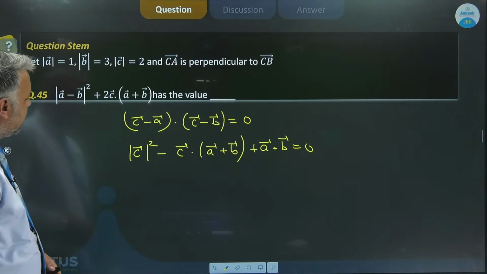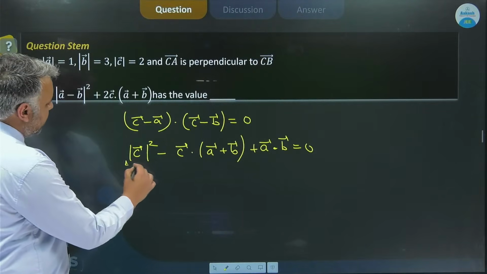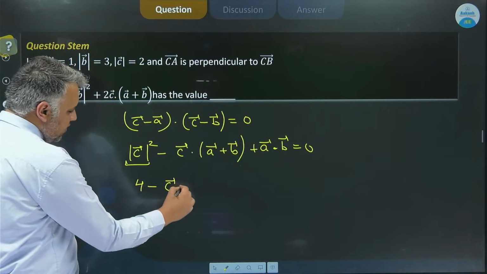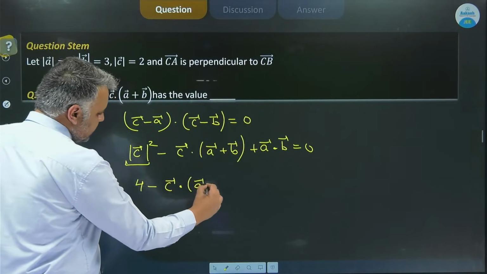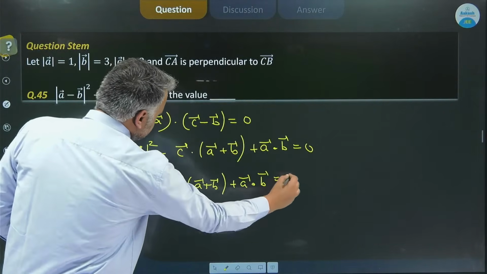Okay. So if we say that magnitude of C square, that will be 4. So 4 minus C dot A plus B plus A dot B is given as 0.